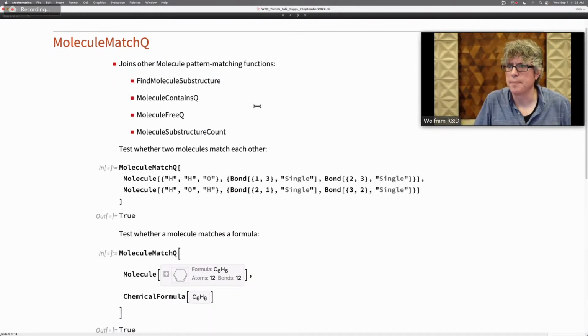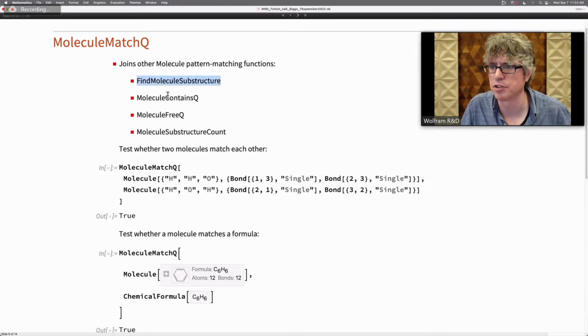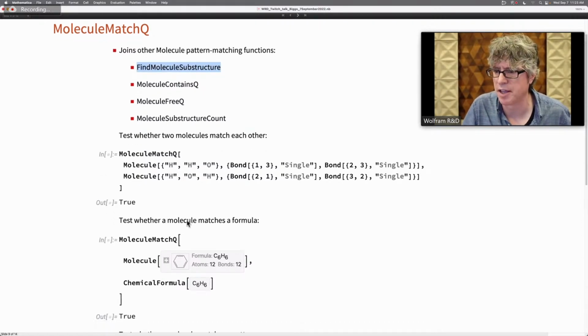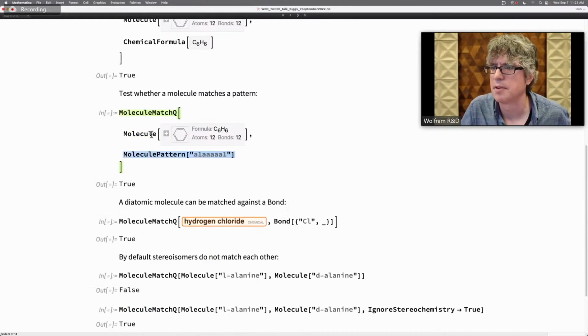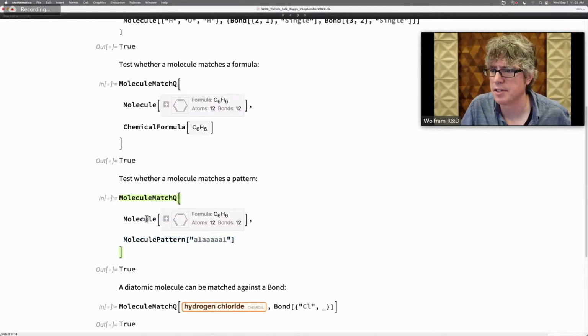So we also have a lot of functions for pattern matching, right? So we've got find molecule substructure, molecule contains Q, and these are all based around molecule patterns. So here we can say, does this molecule, which is benzene, match the pattern?